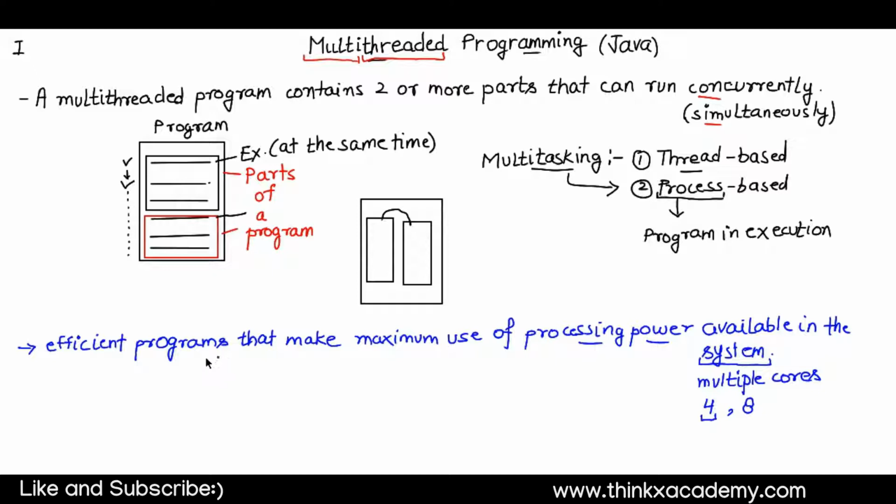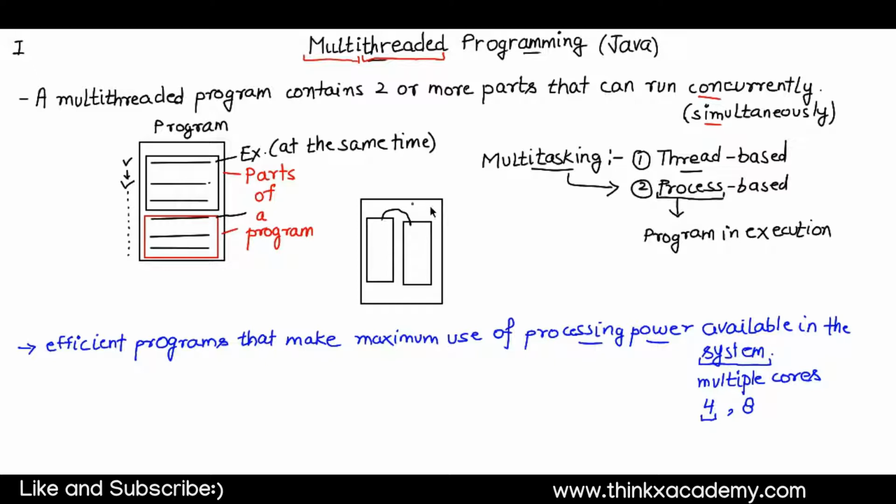Again, whenever you're writing a program, you have to be careful about which system you are deploying it on, because if the system does not support multi-threading, you cannot use multi-threaded programming in that scenario. So this is just the technical detail behind multi-threaded programming.